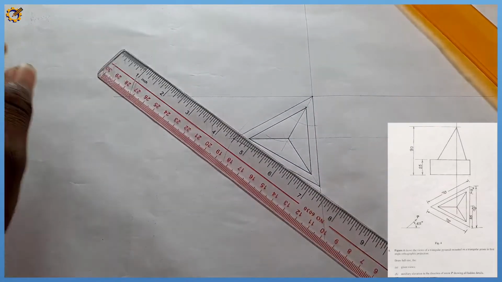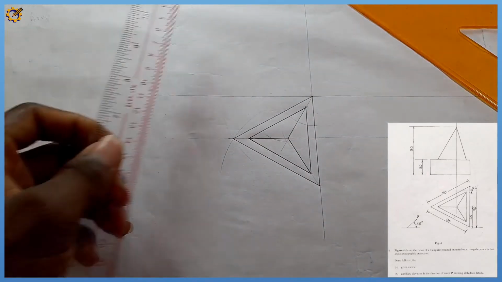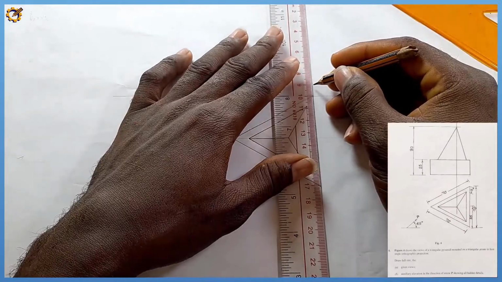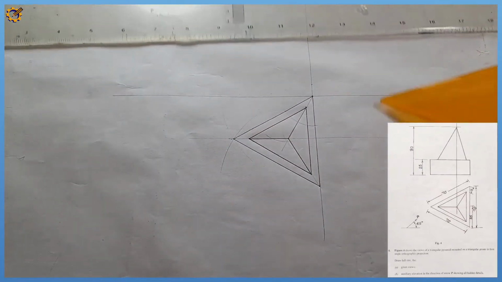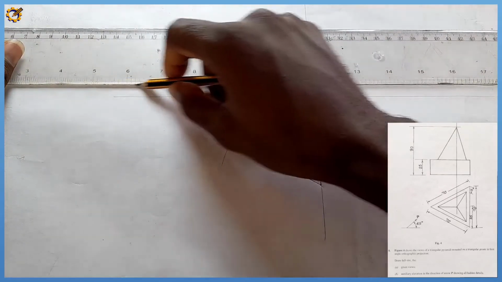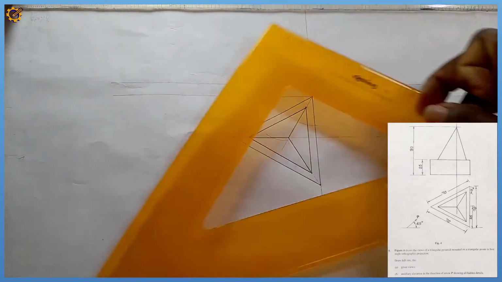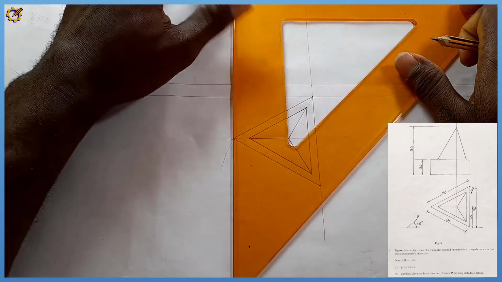Okay, since our plan is right there now, I'm going to produce my front elevation. So from here, a mark of 10 first of all. I'm drawing this faintly also. So I'm going to project each of these points right here to the top.